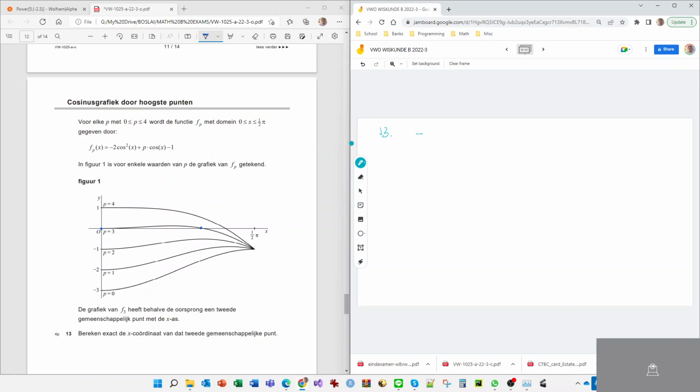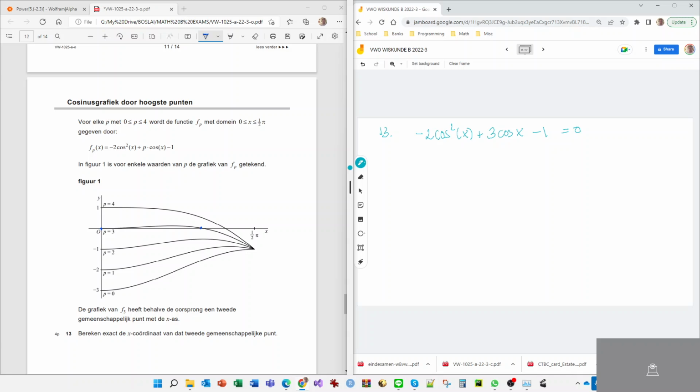So let's set this function equal to 0, for p equals 3.